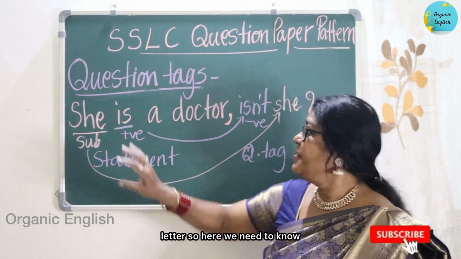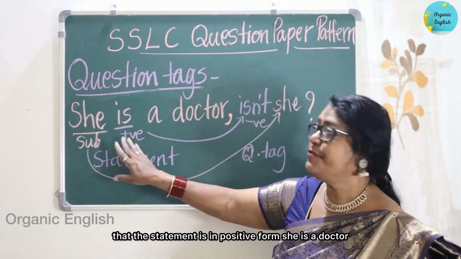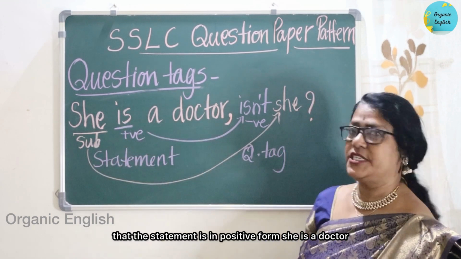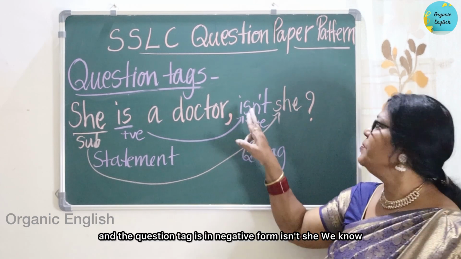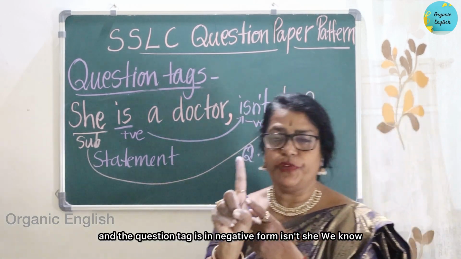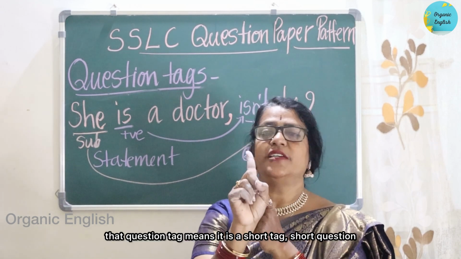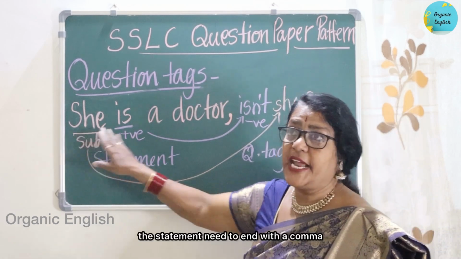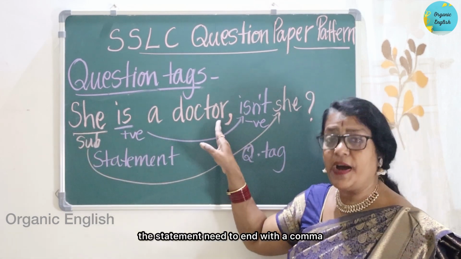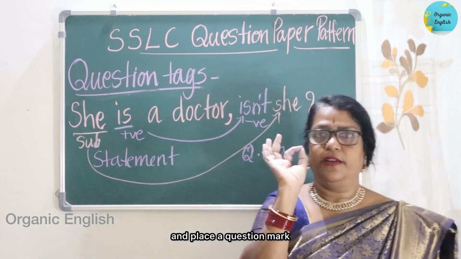So here we need to know that the statement is in positive form: She is a doctor. And the question tag is in negative form: isn't she? We know that a question tag means it is a short tag, a short question. The statement needs to end with a comma, then add the question tag and place a question mark.